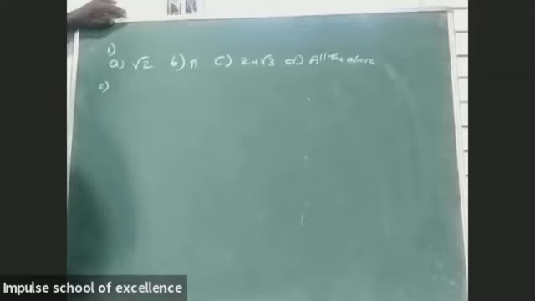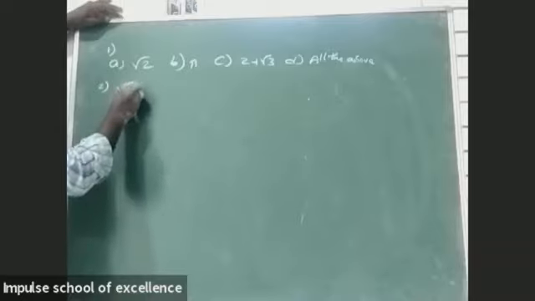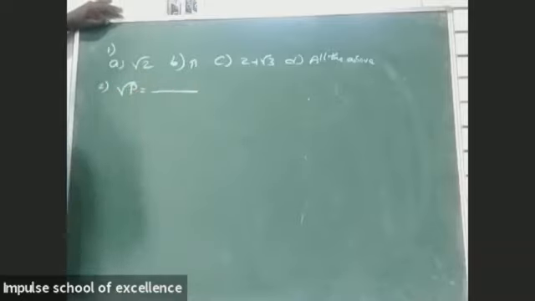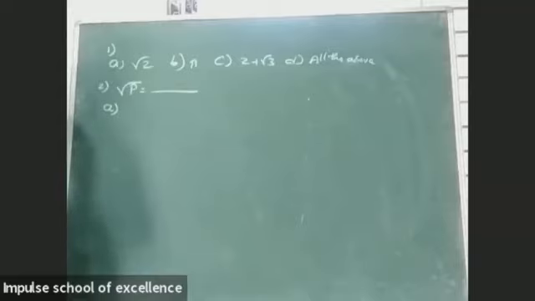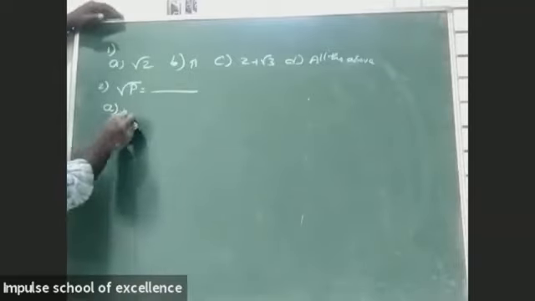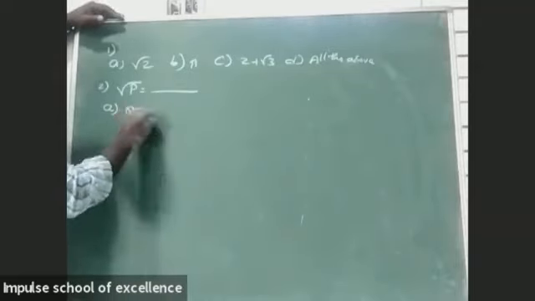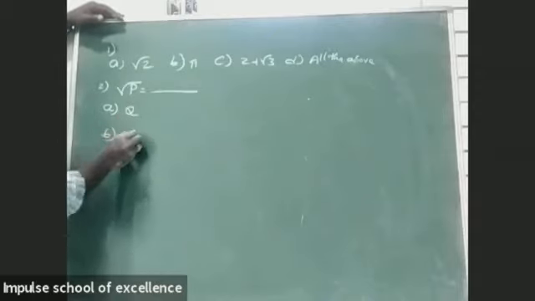If P is a composite number, then root P is equal to dash. First option, rational number. Second, irrational number.